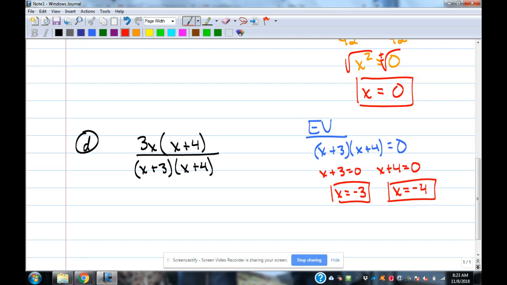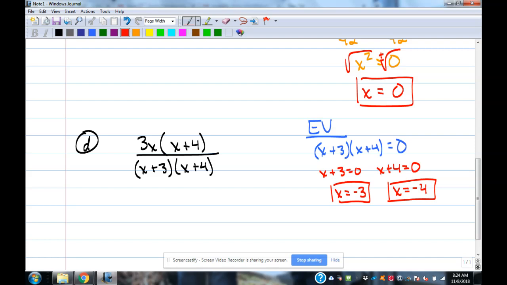Okay? Now, this is already in factored form. Everything's already factored out. So we look for things that match. Whole factors that match. Whole factors are 3, x, and x + 4 on the top. There's 3 factors there. On the bottom, you've got a whole factor of x + 3 and a whole factor of x + 4.